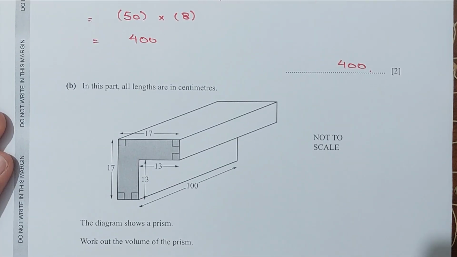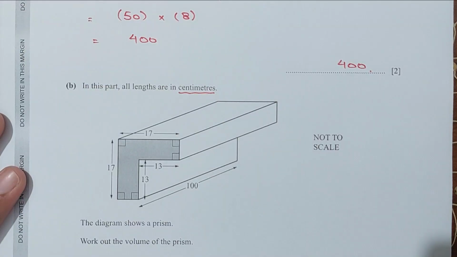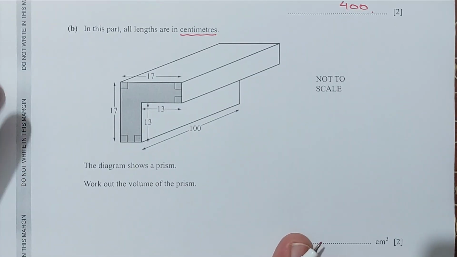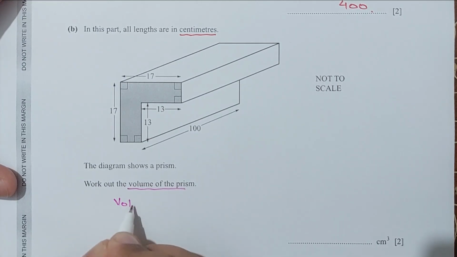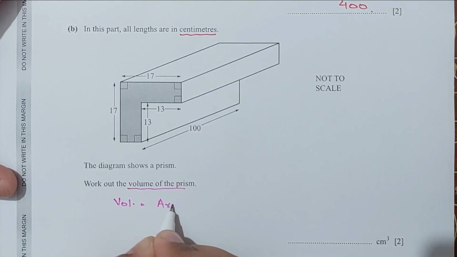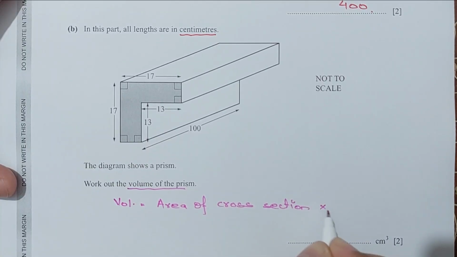Part B. In this part, all lengths are in centimeters. Keep this in mind. The diagram shows a prism. Work out the volume of the prism. The volume of any prism is equal to the area of the cross section multiplied by the height or the length.